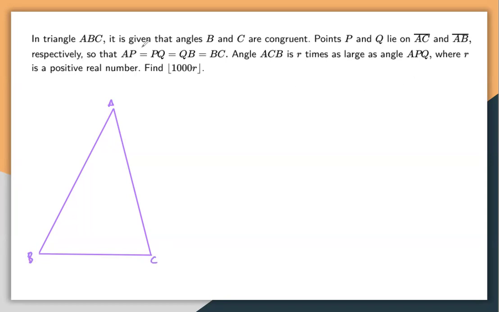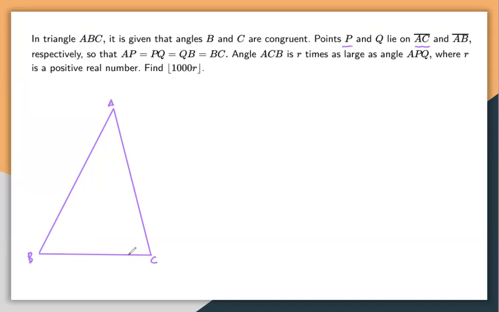And we have four segments that are equal. So AP, and P lies on AC, so P is somewhere right here, and then PQ, where Q is on AB, and then BC. So from P to Q and then Q to B, as well as BC.